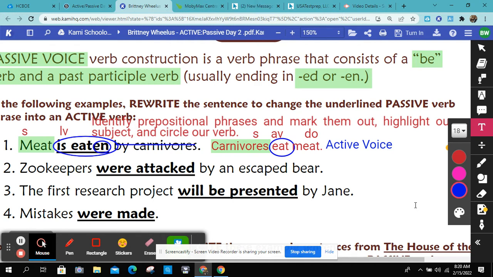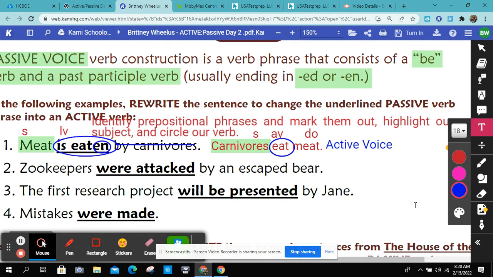All right, now I want to look at number 2. Number 2 says zookeepers were attacked by an escaped bear. Were attacked is my verb phrase, right?